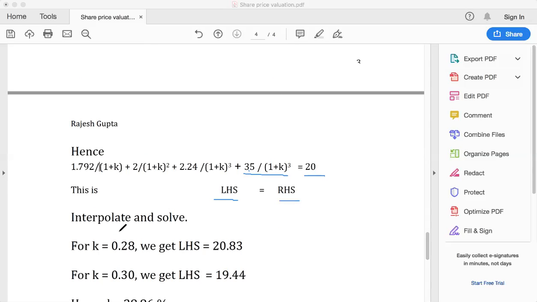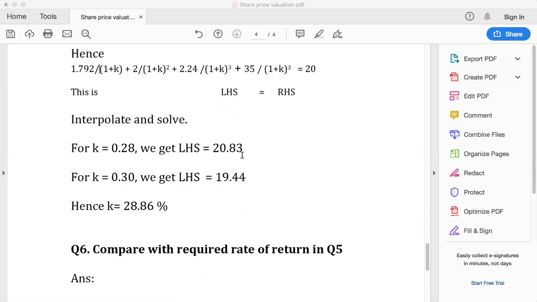Now what does that mean? We can interpolate. For example, let us say for 28% discount rate, we get the left hand side as 20.83. For, say, 30% discount rate, we get the left hand side as 19.44. And then you know how to interpolate.